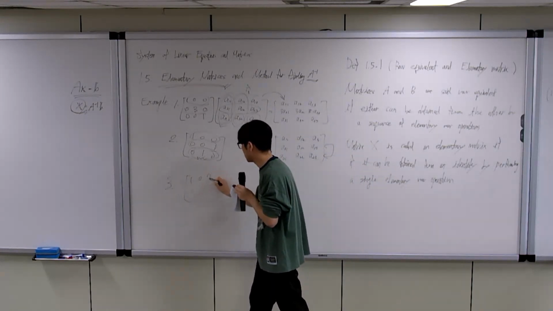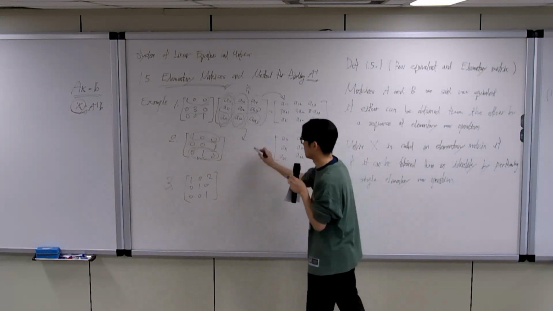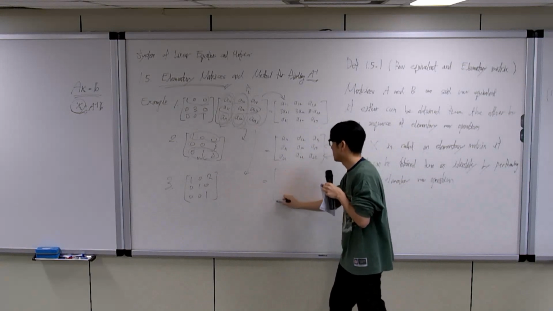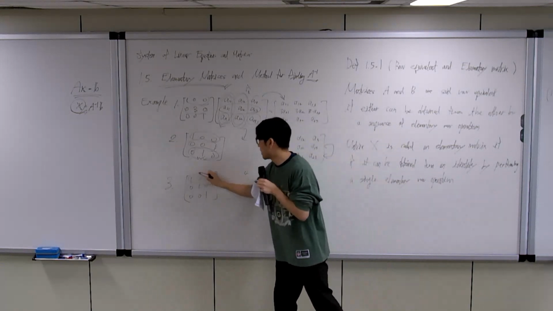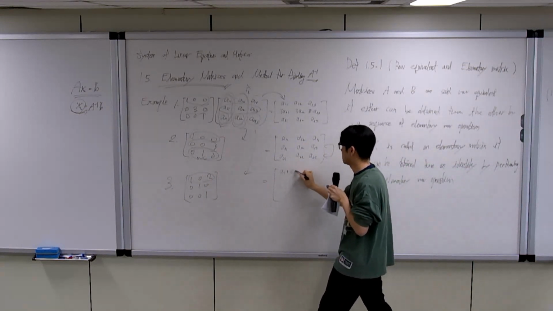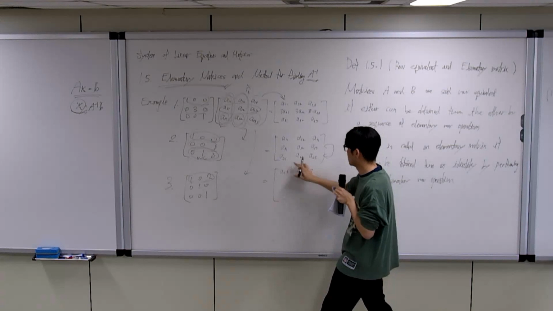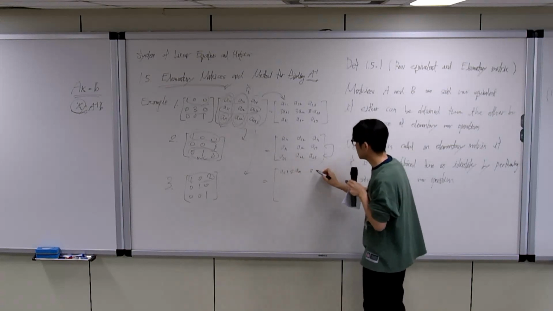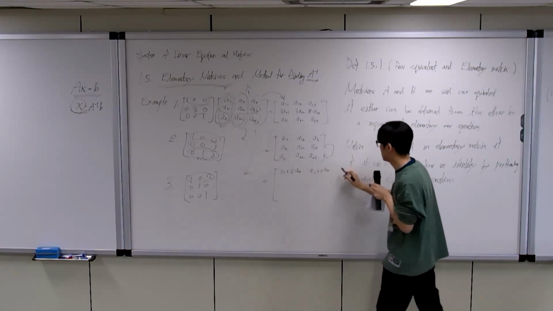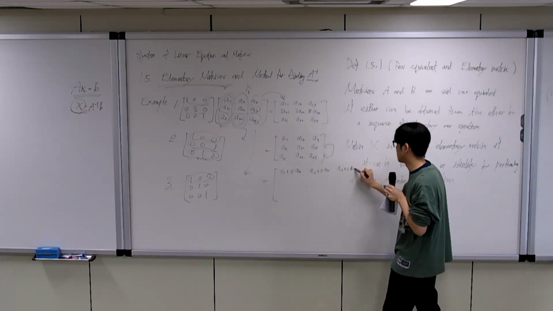we might get the third one by multiplying the matrix. Then by multiplying the first row, we will get 2, 3, 1, a 1,2 plus 2, a 3,2, a 1,3, 2, a 3,3.